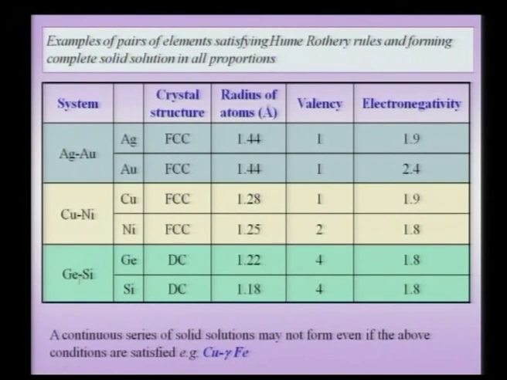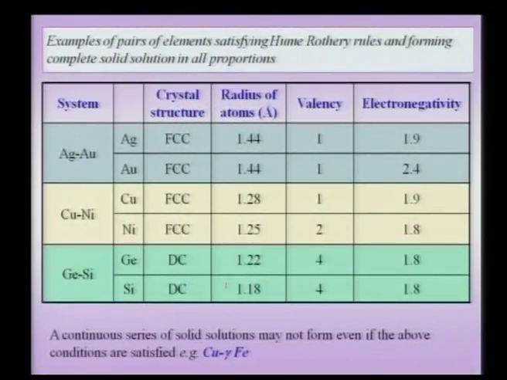The third example is of course an interesting example because it happens to be a diamond cubic crystal, and in the diamond cubic crystal structure, you have atoms located at 0, 0, 0 and a quarter. Suppose I take a germanium crystal and start adding silicon, it would replace any one of the atoms in any of these positions and would continue to be tetrahedrally bonded to the other atoms in the crystal structure. If you look at the radius, they are very similar.